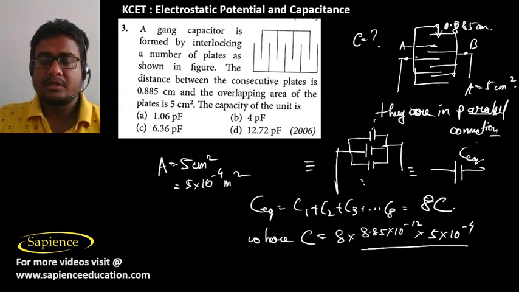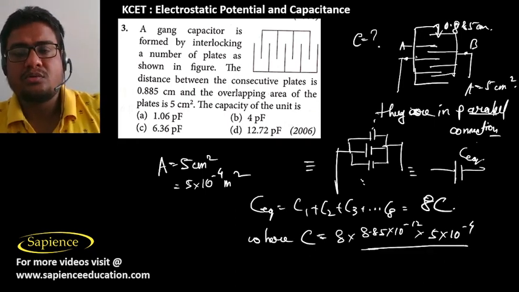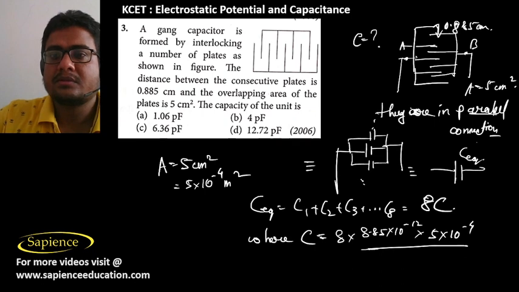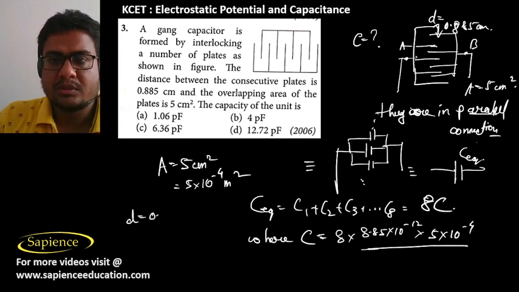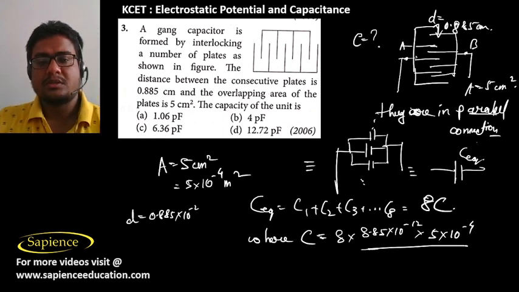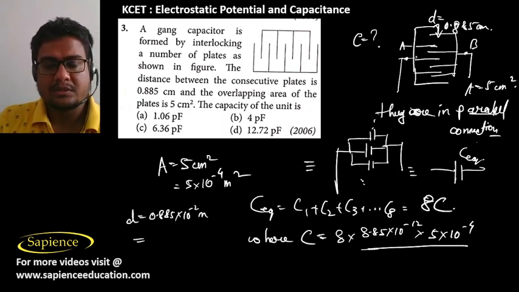D is 0.885 centimeter, which can be written as 8.85 into 10 power minus 3 meter.